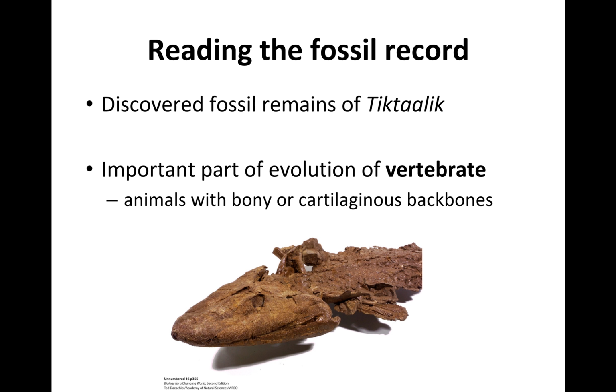So, reading the fossil record, well, this is a very important piece of information because it's evidence of evolution. Reading the fossil record has to do with mainly the evolution of vertebrates, or animals with bony backbones.